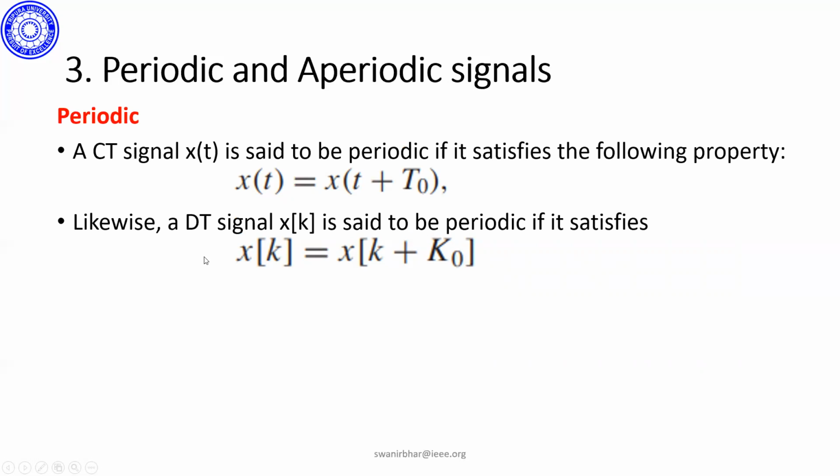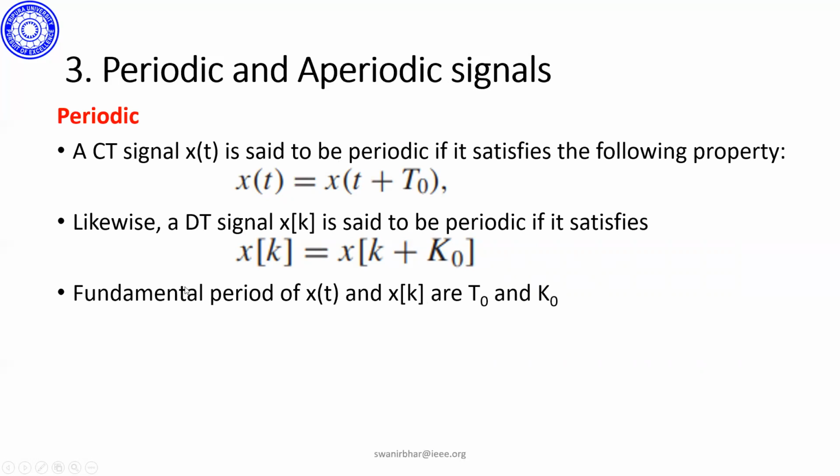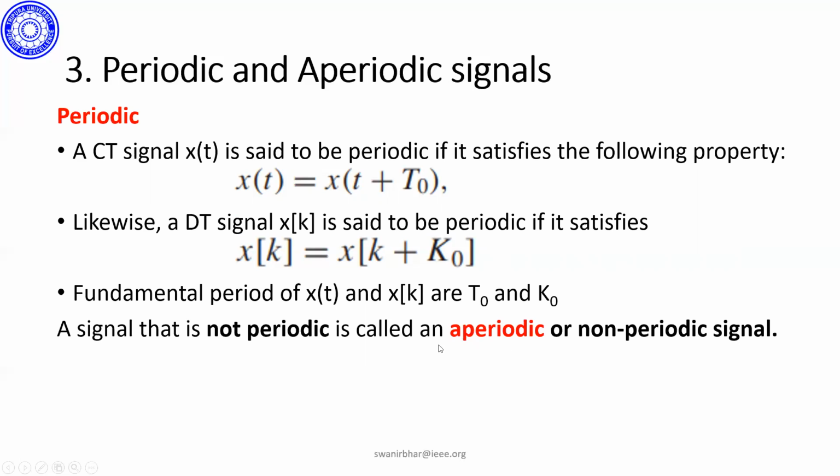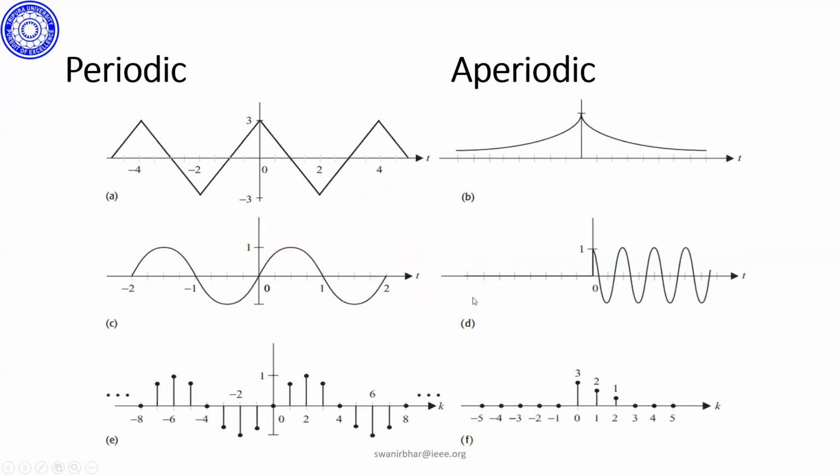A continuous signal satisfies this property, and the discrete time signal satisfies it as well. But those that are not periodic or do not have a fundamental period like t0 or k0 are called aperiodic. So anything that is not periodic is called an aperiodic or non-periodic signal. These are the periodic signals, and the aperiodic ones you can see are not repeating themselves. On the left hand side they are repeating themselves.